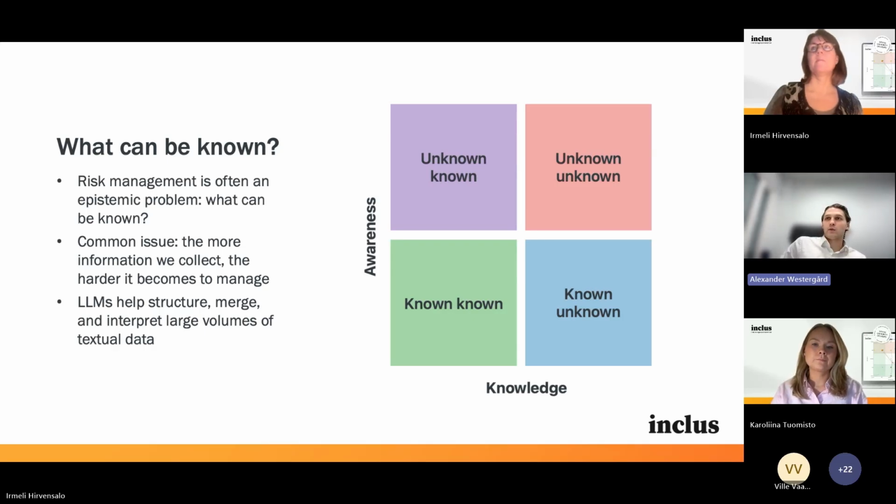So one of the main issues is that we have a lot of information, but we cannot utilize it because it's so unstructured, and that also makes it harder to gather more information. If we gather more information, the risk register gets messier. We don't want that. But of course, nowadays we can find different solutions to tackle those issues.